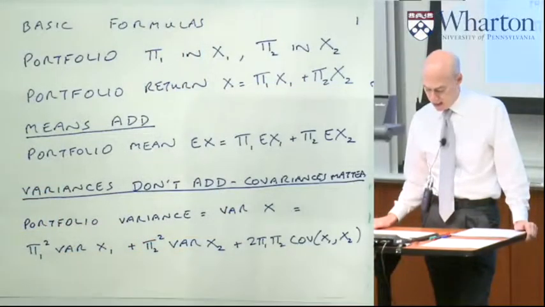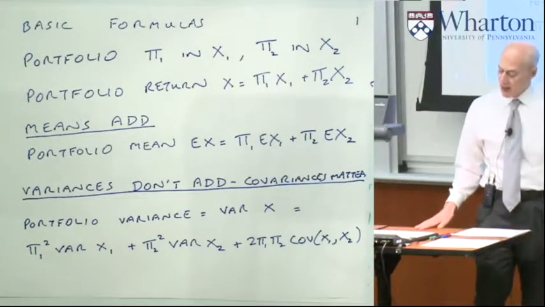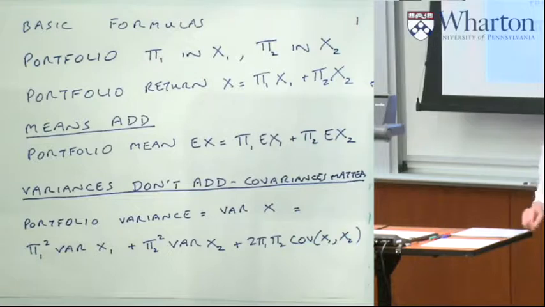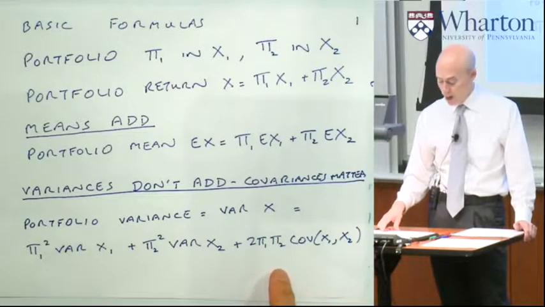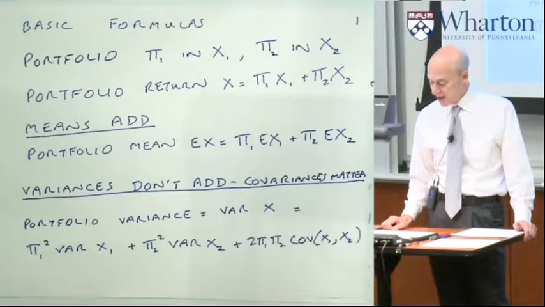Variances don't add, though. So portfolio variance is pi1 squared variance of x1 plus pi2 squared variance of x2. And then we have the covariance term, which is 2 pi1 pi2 covariance of x1 and x2.